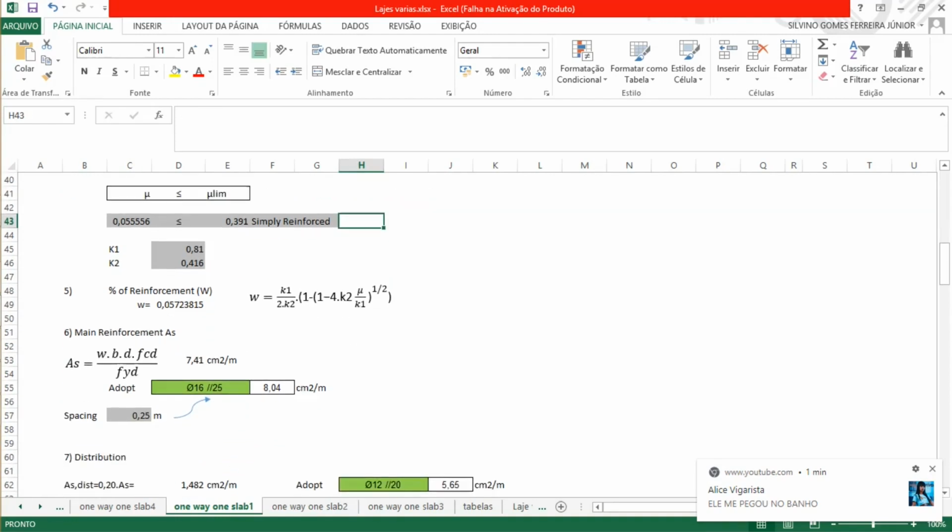Slab. The K1 and K2 are already fixed parameters for this kind of concrete, so strength of this concrete. With this we can get the percentage of the reinforcement that will have the main reinforcement. So it will be by this equation.